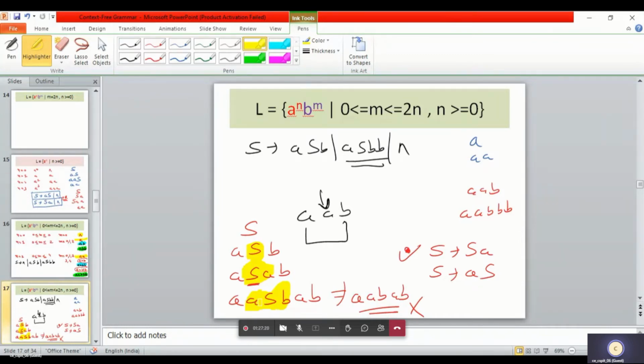We do not want B before the A because we have to preserve the order of A and B. All the A must be in the beginning and all the B must be at last.